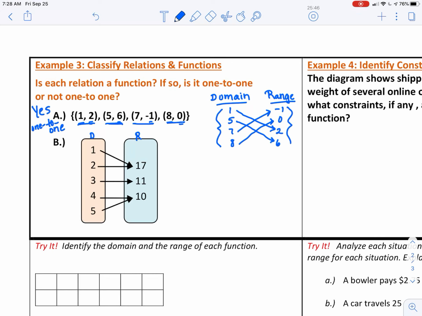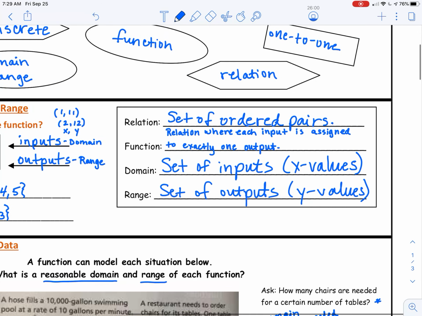Okay, now, how do we look at this? Because I noticed that 1 maps to 17, but so does 2. So does this fit the definition of our function? Let's go back up and look at that again. Definition of the function says it's a relation where each input is assigned to exactly one output. Let's look at that. Is that true here?